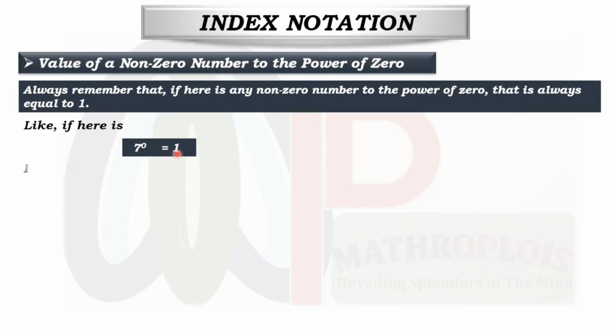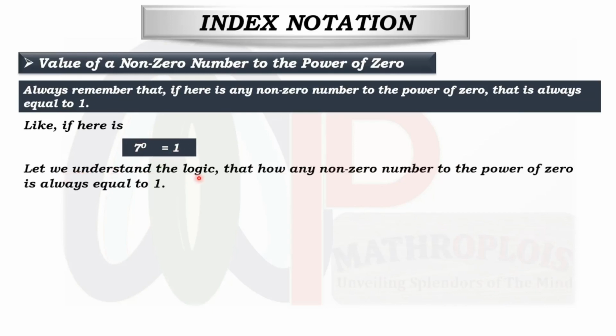Let us understand the logic of how any non-zero number to the power of 0 is always equal to 1. Like here is 7 to the power of 0.